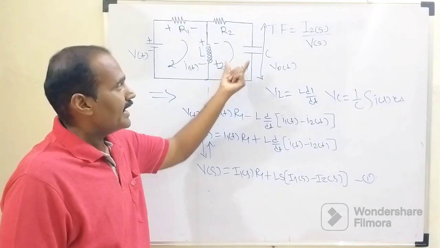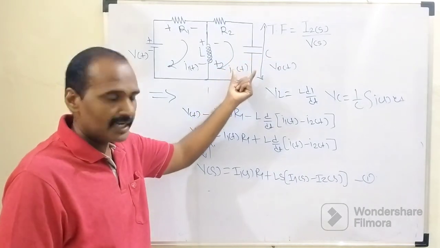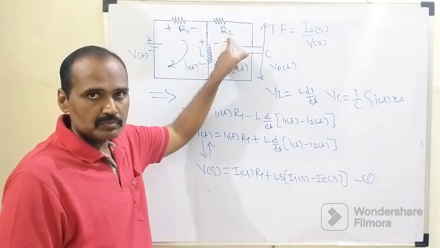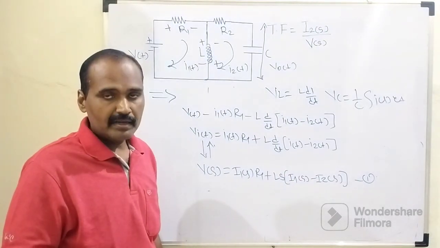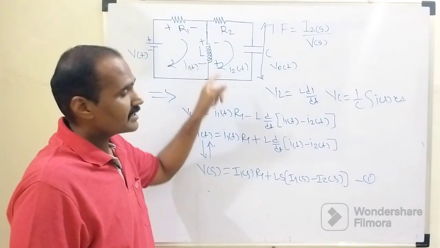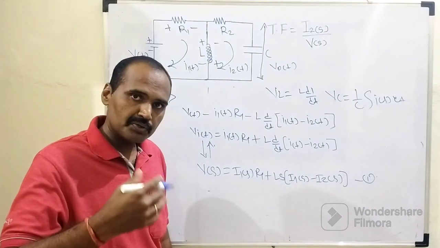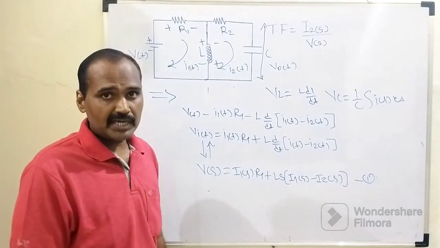Purely this I2 flows through this capacitor C. Similarly, there will be a circulation of this I2 through R2, because these two components are connected in series form, right? But as far as this inductor is concerned, as I told you earlier, it is connected in the vertical arm, so there will be a circulation of I1 as well as I2, right?